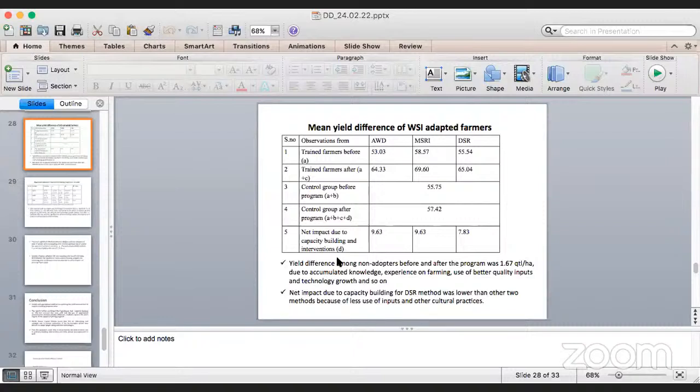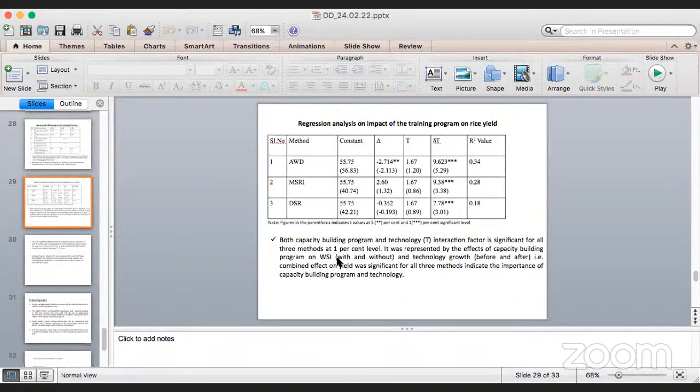The net impact on yield, which one is significant, you may get from the regression analysis. Here this is the technology, this is the time factor, and this is the combination of both.